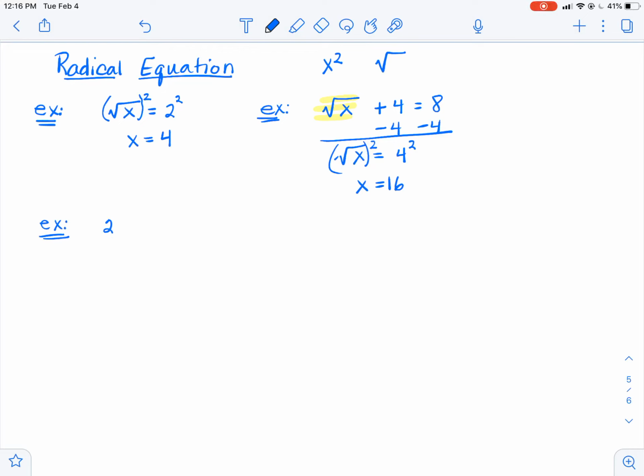If I have, I'll give you an extra step in there, and let's do 8. Let's make it a little bit more complicated. So again, we are going to solve for your radical. So I'm going to add 3.